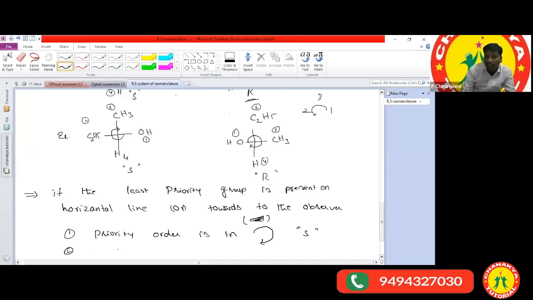If the priority order is in anti-clockwise direction, we call it R isomer.